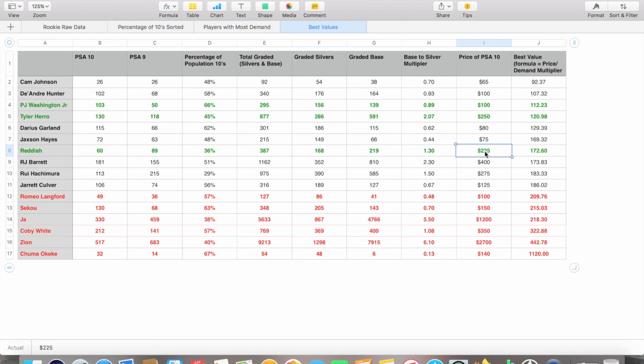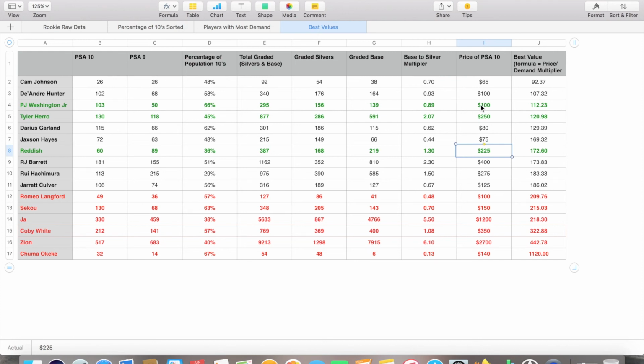So at this particular point in time, I think Cam Reddish represents a good value compared to the rest of these prospects. And once again, this is just assuming that the market is going to continue to go up, and these players are going to continue to perform as they have been. So he represents a good value as well.